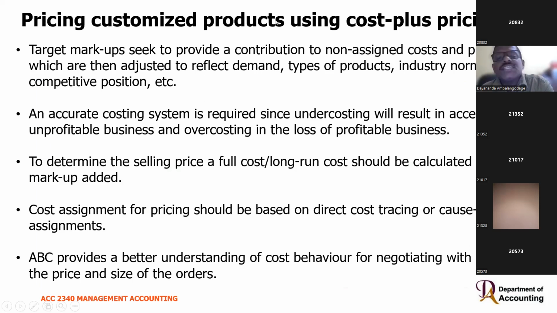Pricing customized product using cost plus pricing, you need accurate costing. So thereby you can decide a reasonable amount of target markup. Once you calculate this cost plus markup based price, you may adjust the price according to customer expectation.